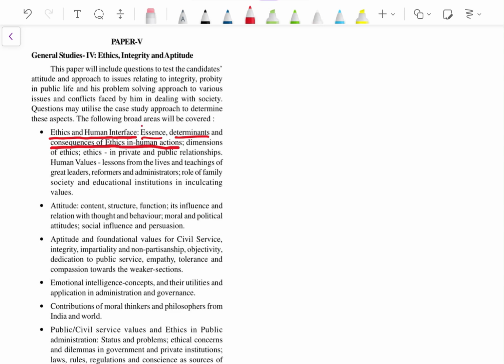In this class, we will deal with the essence of ethics and human interface. Before that, we are discussing basics like what is ethics, what are morals, what are values, what are laws, etc. In this class also, we will discuss basics for the first few minutes and then go into the syllabus. Now let's go to the notes and discuss things.